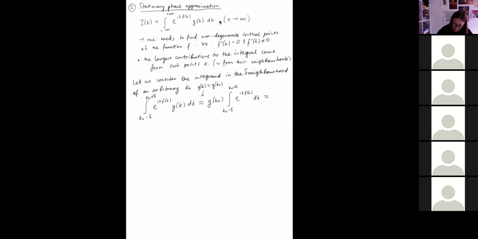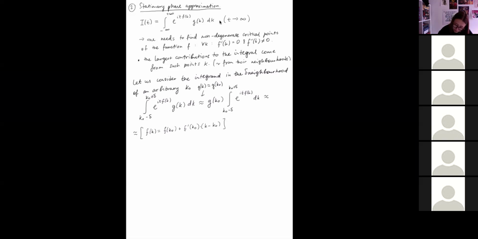Then we need to do the next approximation, which is to expand f of k in the neighborhood of k0 in terms of its Taylor series, and we will do it to the first order only. So f of k equals f of k0 plus the derivative of f at k0 times k minus k0.